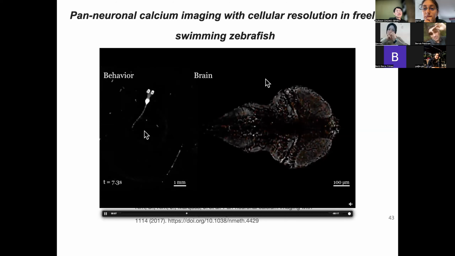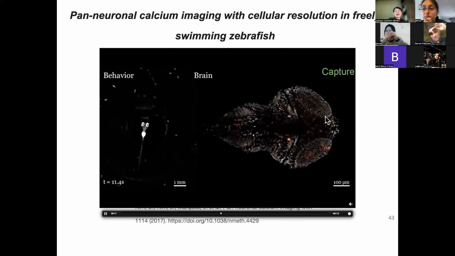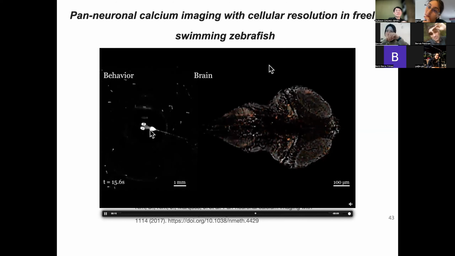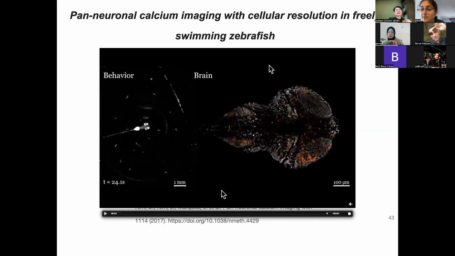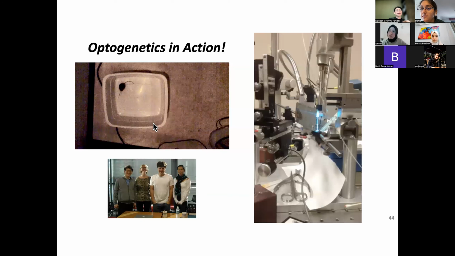During their natural movement, when they capture the food, their brain activity changes. Unfortunately, we do not yet understand exactly what's going on, but microscopy technology allows us to look at this. And this is actually what I did in optogenetics.